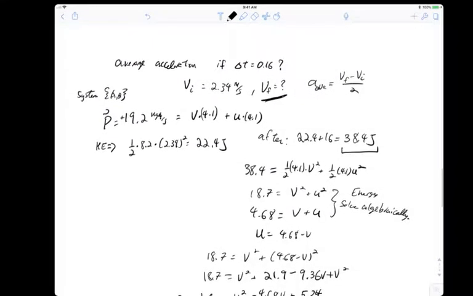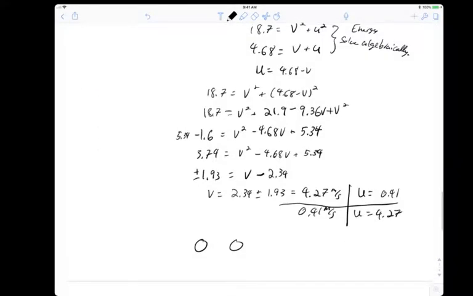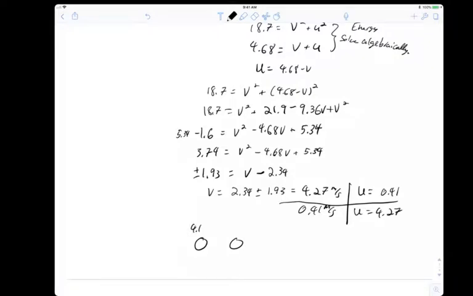All right. So in this, we have one mass, 4.1 kilograms, going that way with 0.41 meters per second. This other one, 4.1, is going this way with 4.27 meters per second. Let's calculate the total momentum. 4.27 plus 0.41 times 4.1. The total momentum is 19.2.